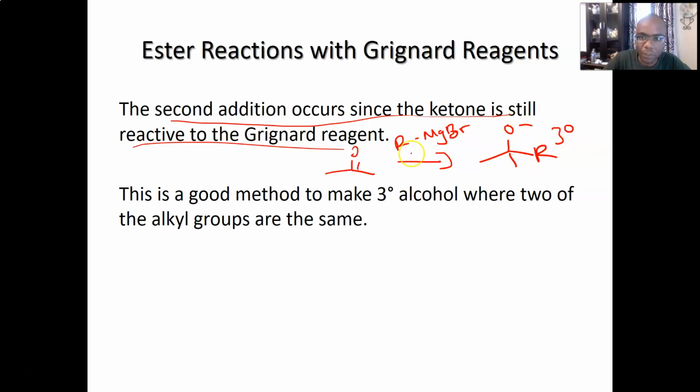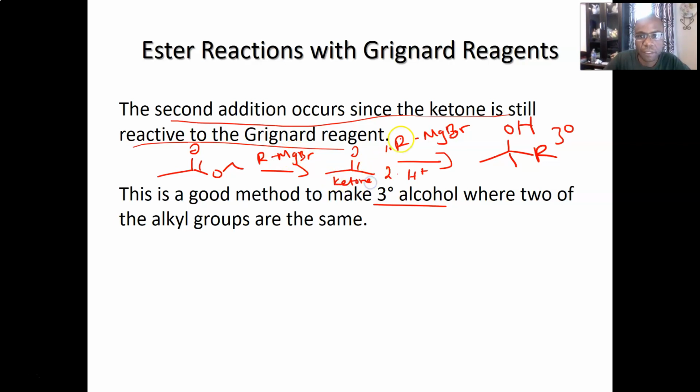Of course, once you quench step 1, if you do the addition of the Grignard, step 2, if you quench with an acid, you're going to end up with a tertiary alcohol. This is a good method of making tertiary alcohols. So generally we started with an ester, which gave us, after the first Grignard, a ketone.